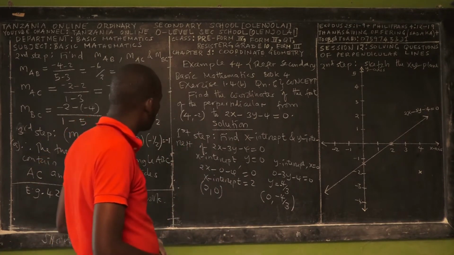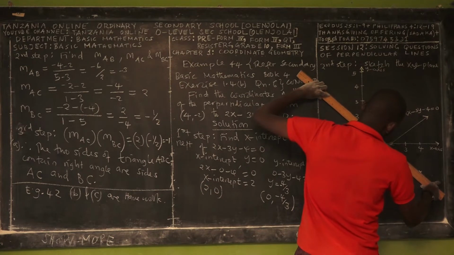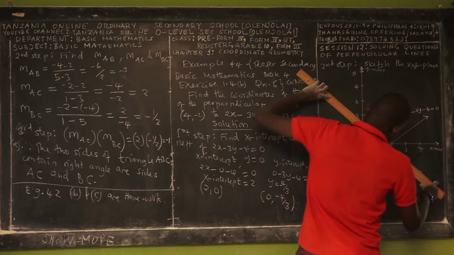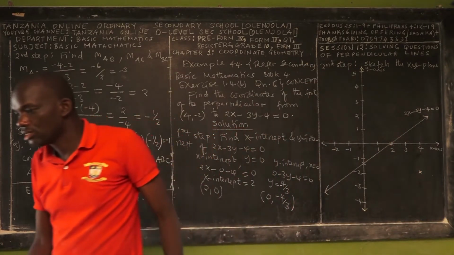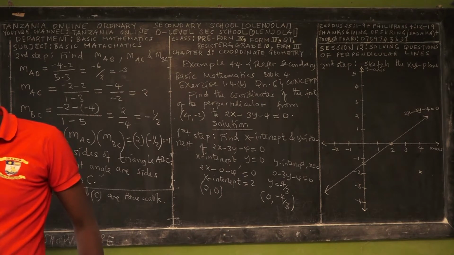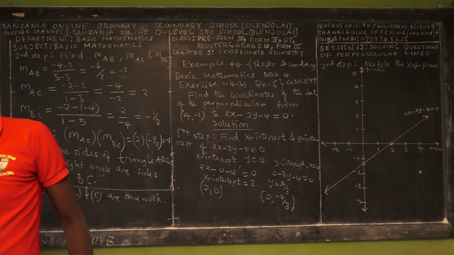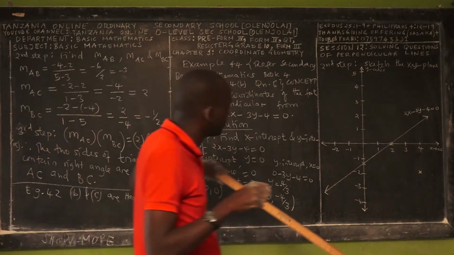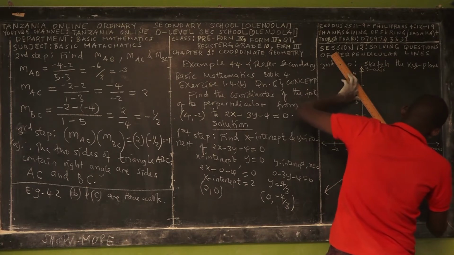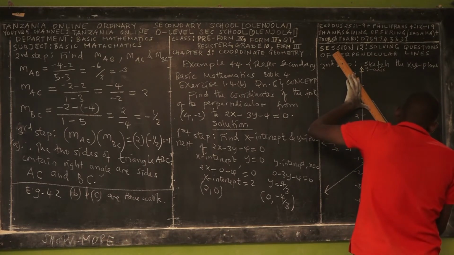So we have another line, a perpendicular line, and we should know the point of intersection.